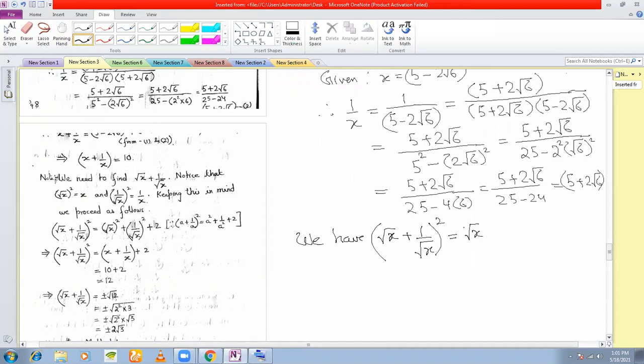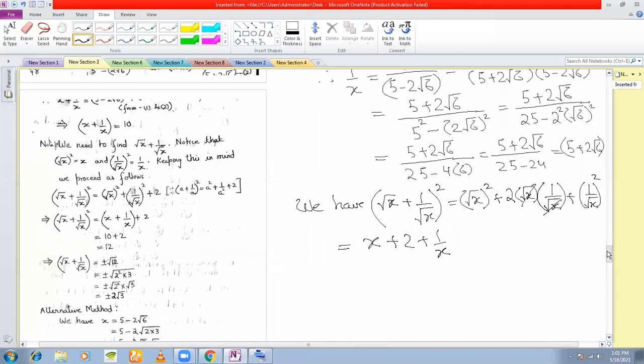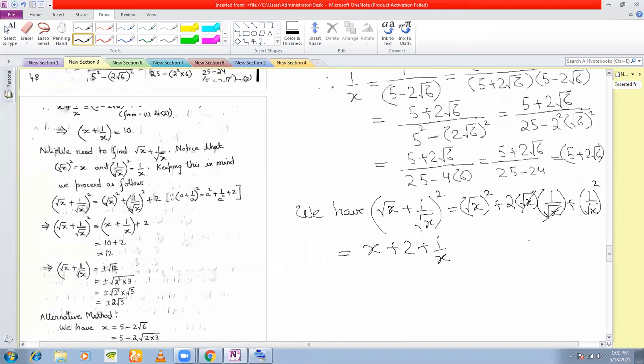You get (root x) square, a square plus 2ab plus b squared, which is equal to, now here root x and root x will cancel, you simply get x plus 2 plus 1 by x. See how beautifully we are getting x plus 1 by x after squaring.